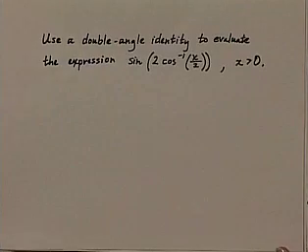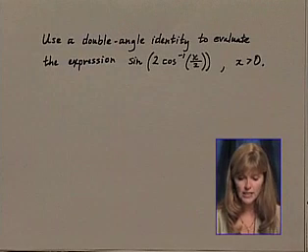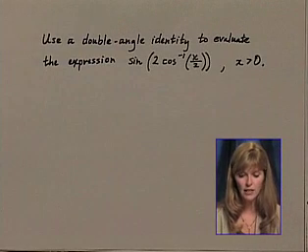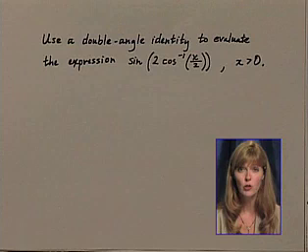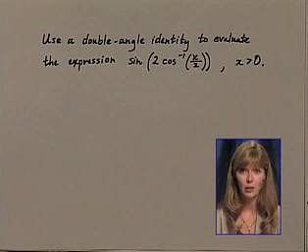Now we're going to move on to another expression, and in this case we want to use a double angle identity again. In this problem, we want to use a double angle identity to evaluate the expression sine of 2 times inverse cosine x over 2, where we're given that our x value is greater than 0.